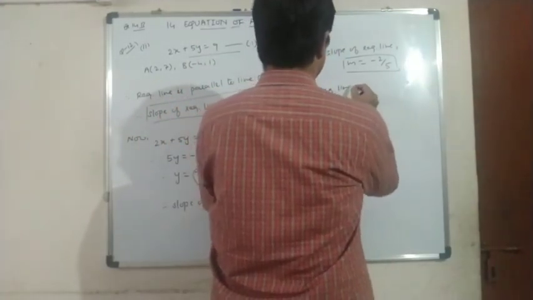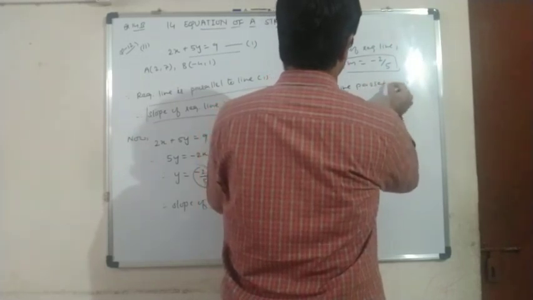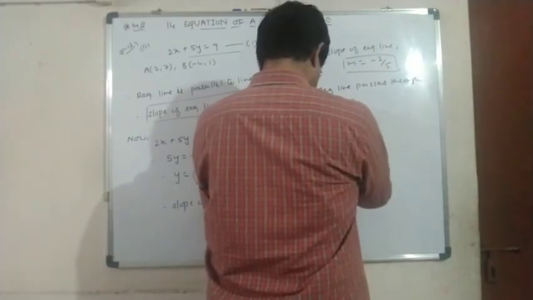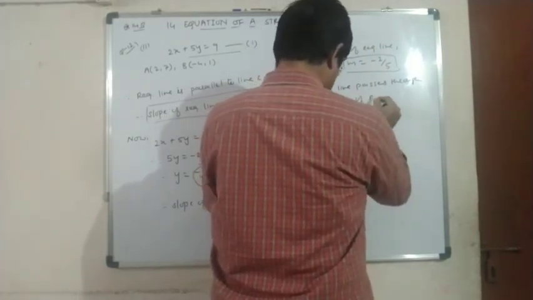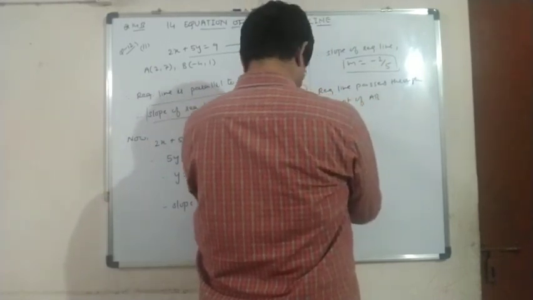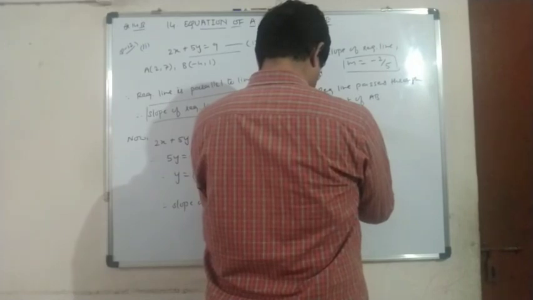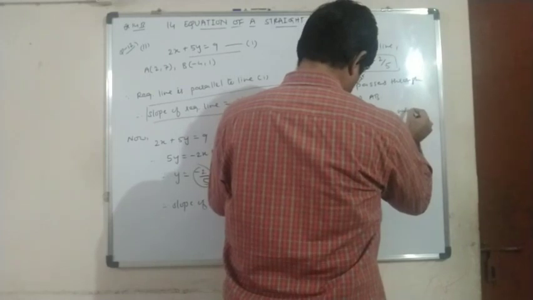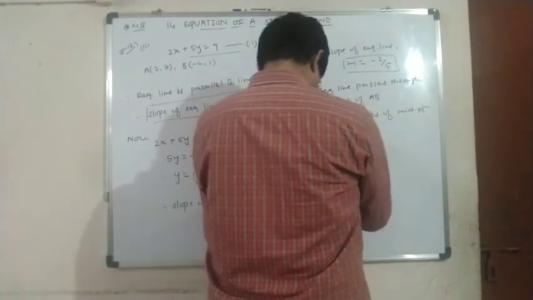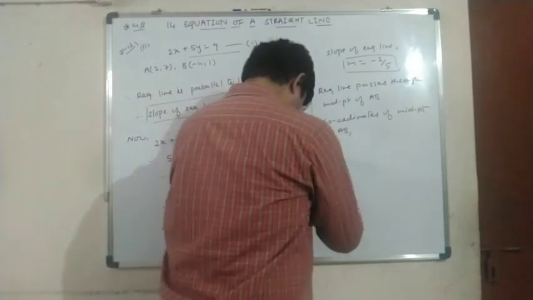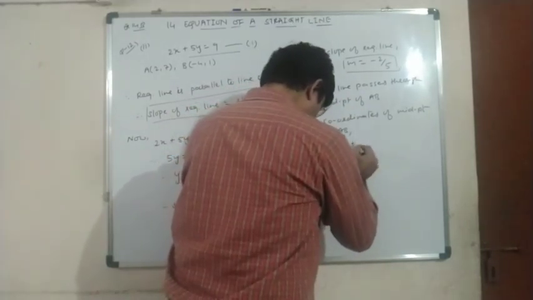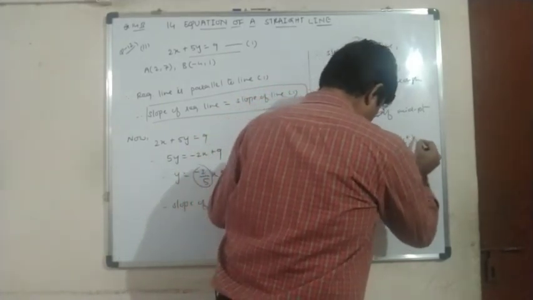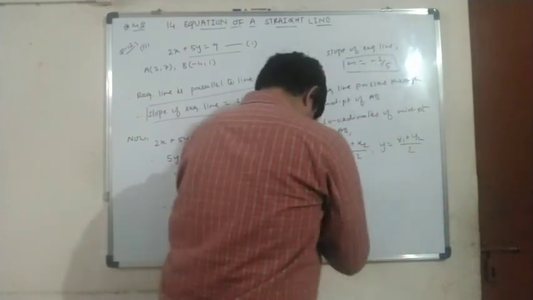Okay, required line passes through the midpoint of AB, and therefore coordinates of midpoint of AB will be given by x is equal to x1 plus x2 upon 2, and y is equal to y1 plus y2 upon 2.